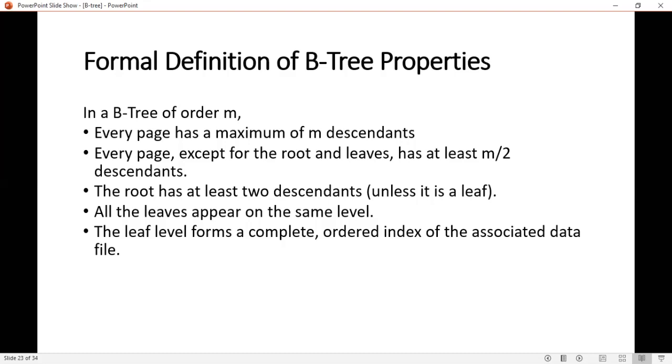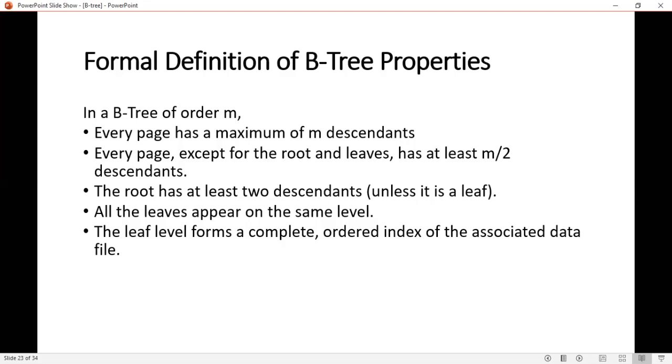All the leaves appear on the same level, that is, at the lowest level. All the nodes will be present at the lowest level. Now, the leaf level forms a complete ordered index of the associated data file.